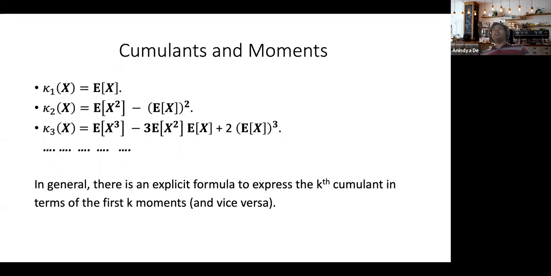In general, the first k moments are polynomials in the first k cumulants, and the first k cumulants are polynomials in the first k moments. If you know the first k cumulants, you can get the first k moments and vice versa. Information-wise, they're the same thing. But depending on the context, one of them can be more useful than the other, even though information-wise they're the same.